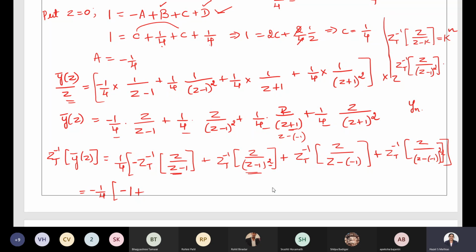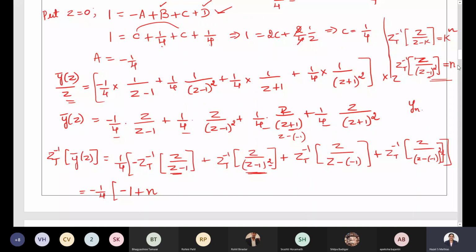That is when you have a k, but here k is 1, so it will be what? It is n, ma'am. When you have k, you tell me that formula. But here we have the standard formula. Inverse z transform of z by z minus 1 whole square is n.